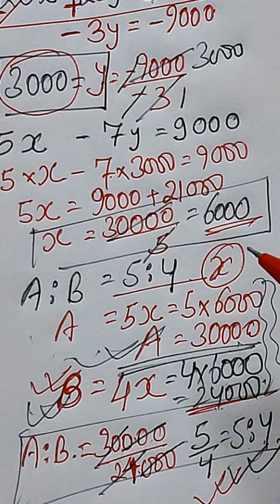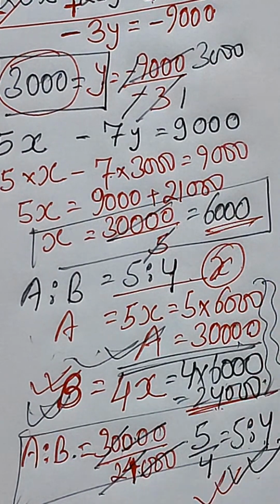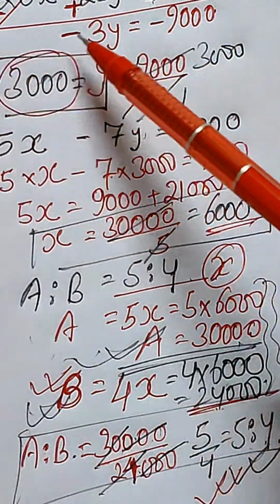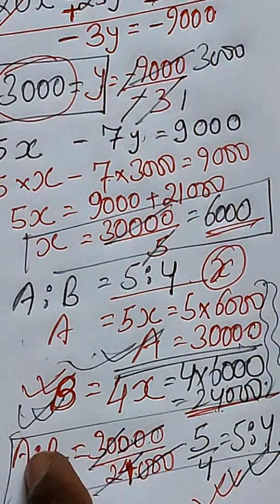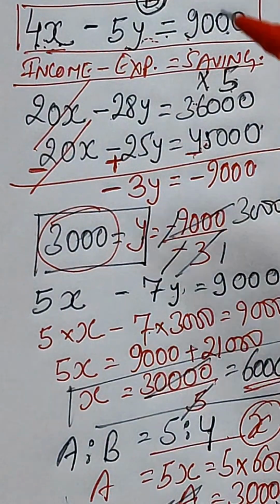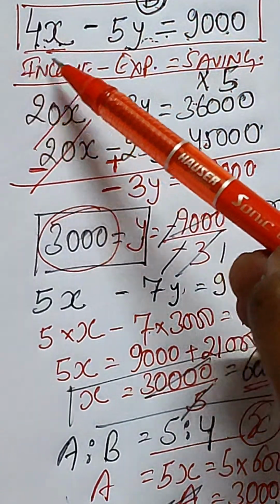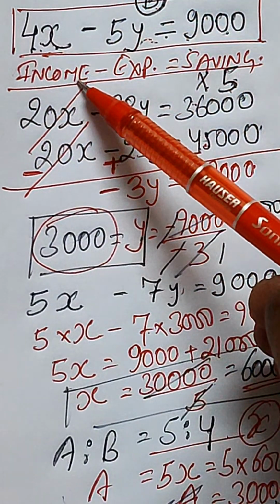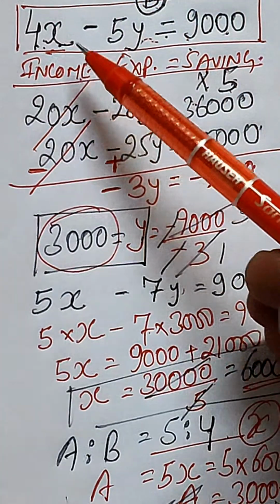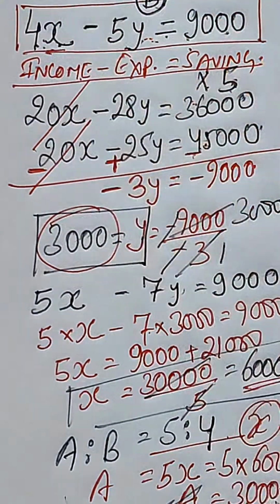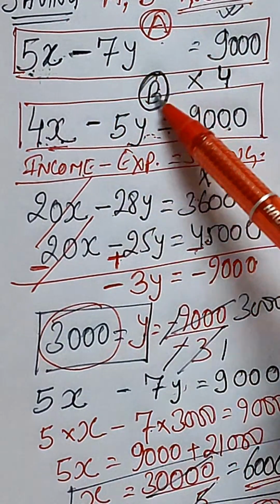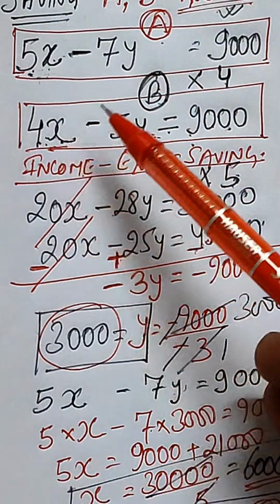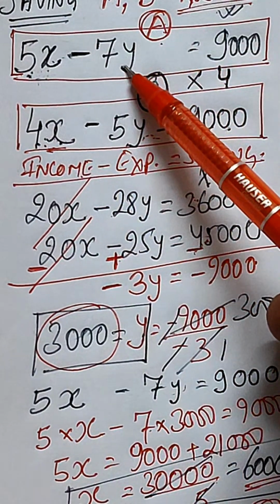In between you can do one thing. You can simply write some statements, as I have written over here, as I can show you, right? That you can write for A, income of A will be equal to how much? Income of A will be equal to 5x. Income of B will be equal to 4x. Expenses of A will be equal to 7y.